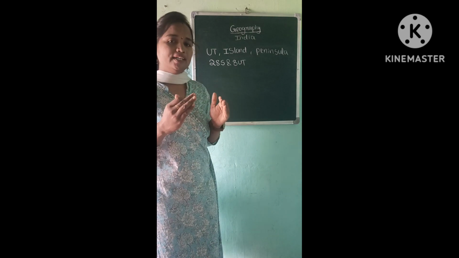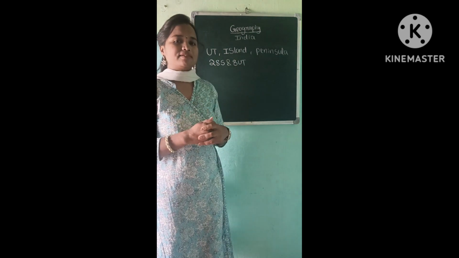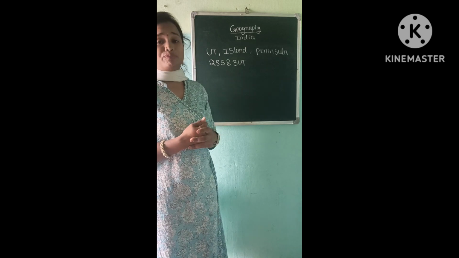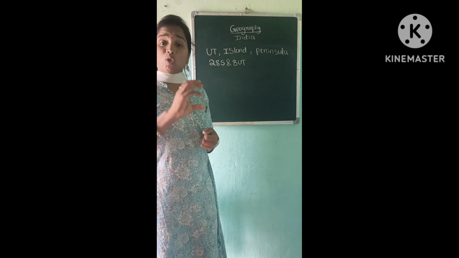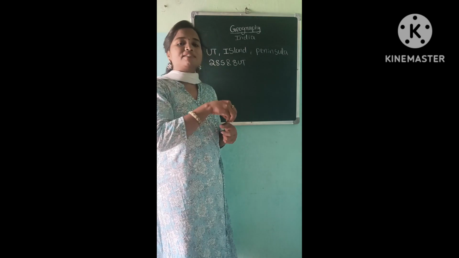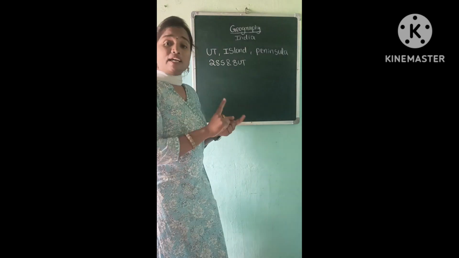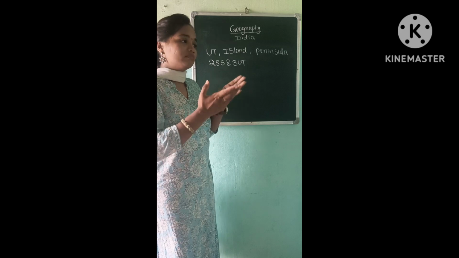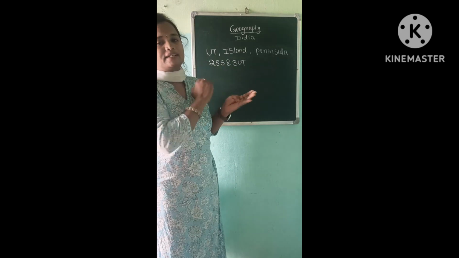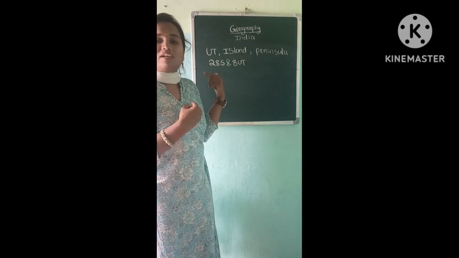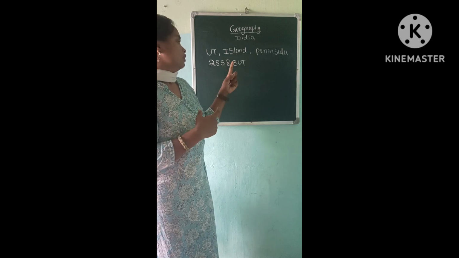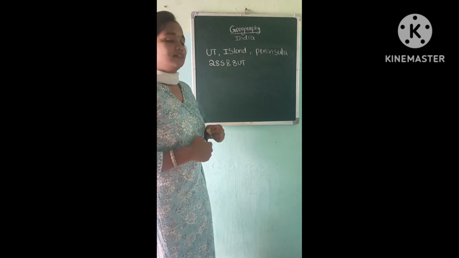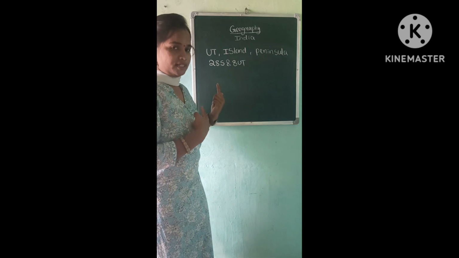To make a state, they must be at least quite large. And one more reason why they become UT: we cannot merge them into some other state because they are culturally and ethnically different from the places beside. That's why we have given a special status named UT, Union Territory. Hope you got the point.